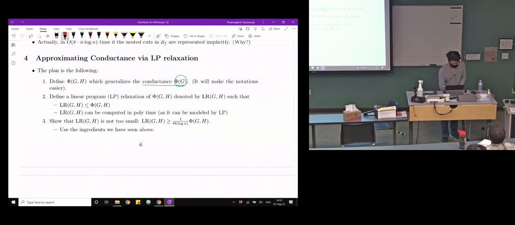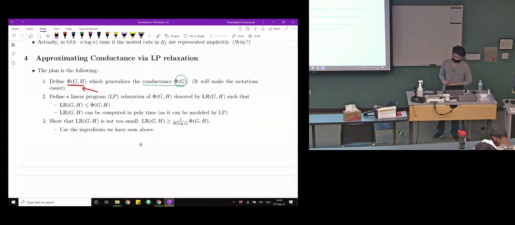What I will do first is define some other concept, phi of GH, H expansion, that will generalize the notion of conductance. If you can approximate this one, you will be able to approximate conductance too. It's just a generalized notion.